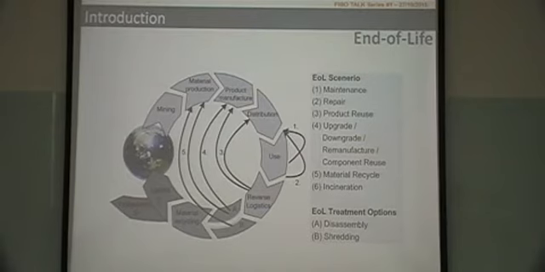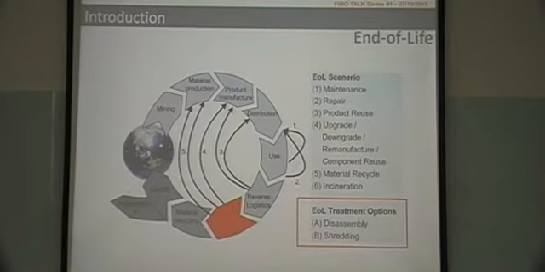Okay, it is around 200 to 300 parts, including all electronics, all chips. So it's not so easy to separate all the parts clearly and cleanly. That's why we are working on this problem we call disassembly.